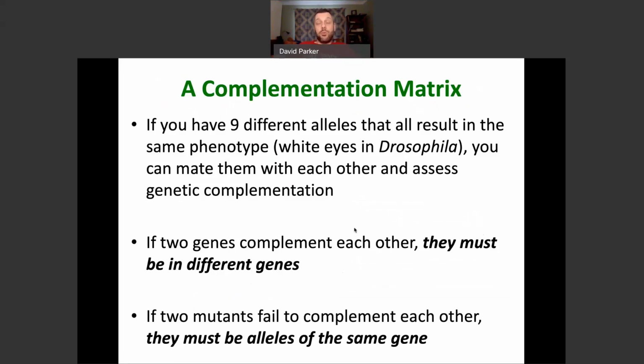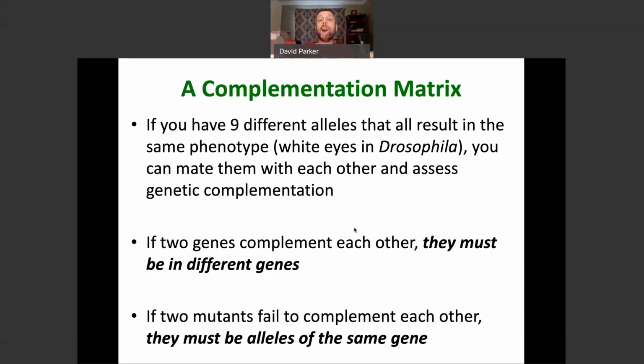If I was mutating flies and I had 9 different mutants, for example, that all had white eyes, I would like to ask the question, are these 9 different alleles of the same gene, or are different genes involved in all of these different mutations? I could find that out very simply by crossing each of the 9 strains to every other strain.